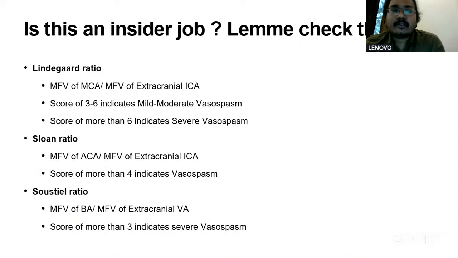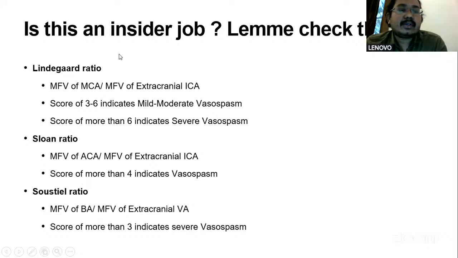So we need to differentiate hyperemia and vasospasm. So how do we do it? We divide the mean flow velocities of intracranial arteries, ipsilateral one, by the mean flow velocities of the extracranial counterparts. So that's how we get three ratios. So one is for MCA, Lindegaard ratio, one is for ACA, Sloan ratio, and one we have for basilar artery, which is Soustiel ratio.